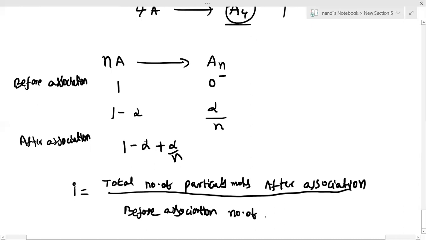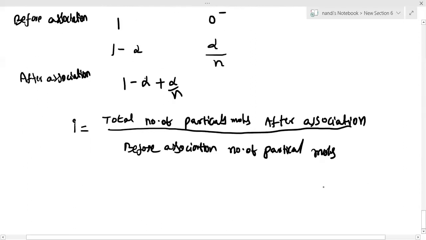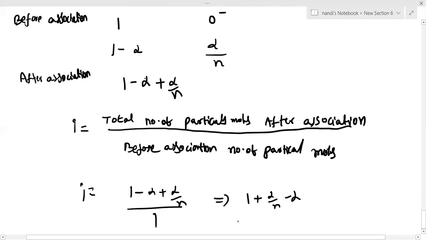Your NCERT book also mentions the definition very clearly. So i equals, after, 1 minus alpha plus alpha by n; before, 1. We can rearrange this simply: 1 plus alpha by n minus alpha. Alpha is common, so i equals 1 plus (1 by n minus 1) into alpha.